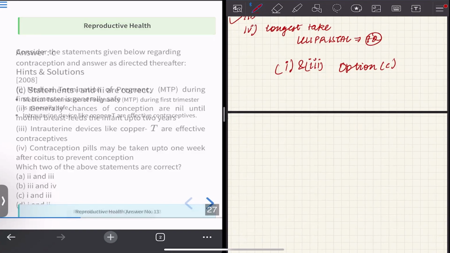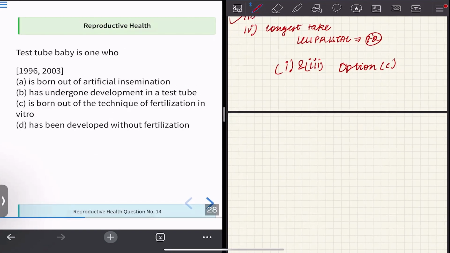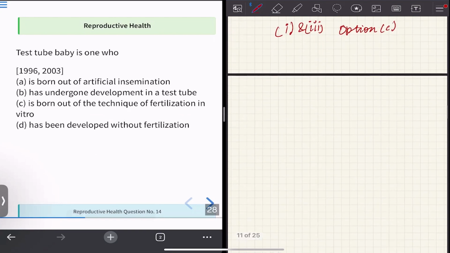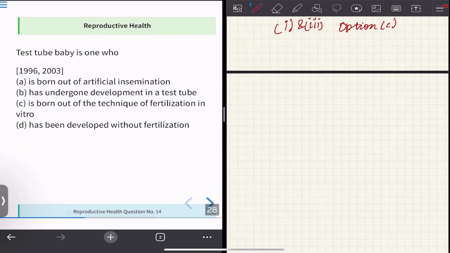Okay. Test tube baby is a case of in vitro fertilization, and it has usually undergone development in a test tube. So development doesn't take place in a test tube. We need to make sure it is only the fertilization that is taking place in the test tube, not that the baby is developing there.